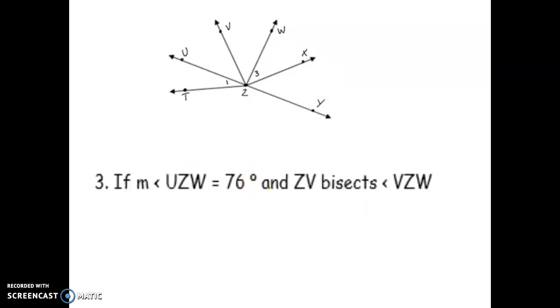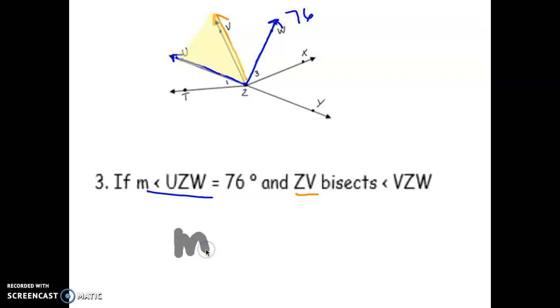Okay, number 3. The measure of UZW is 76. So here's U, here's Z, here's W. So right there, that measurement is 76 degrees. ZV is my bisector. So what I want you to tell me is the measurement of this one, which would be UZV.